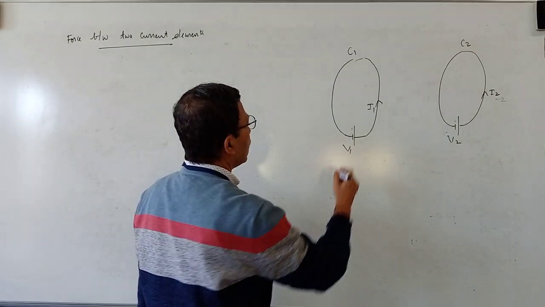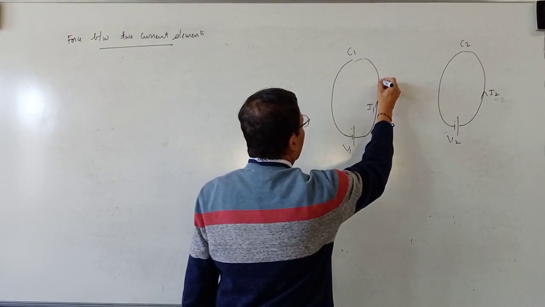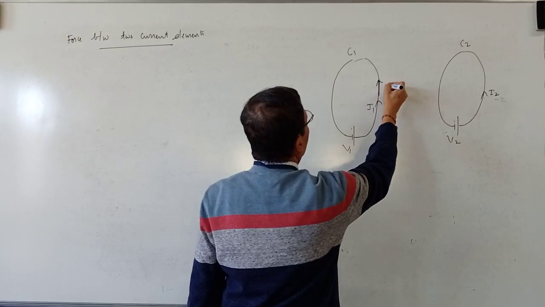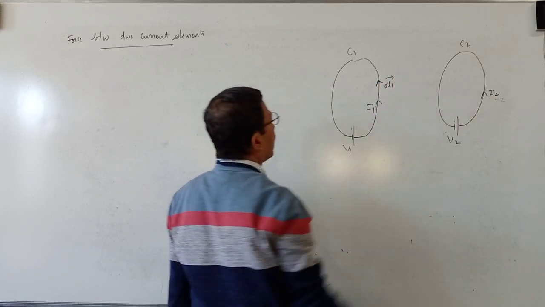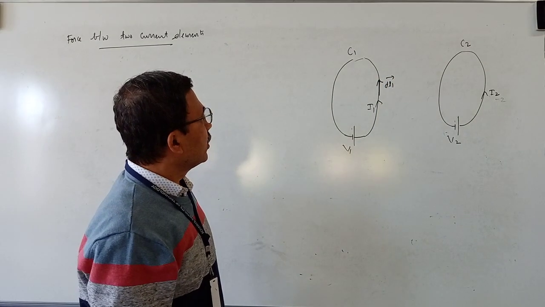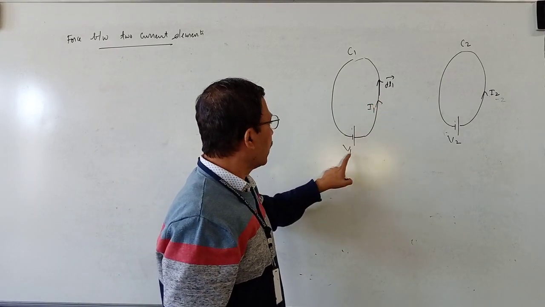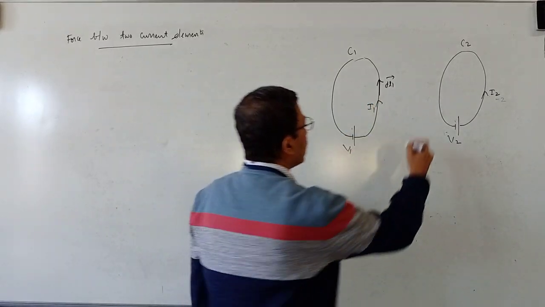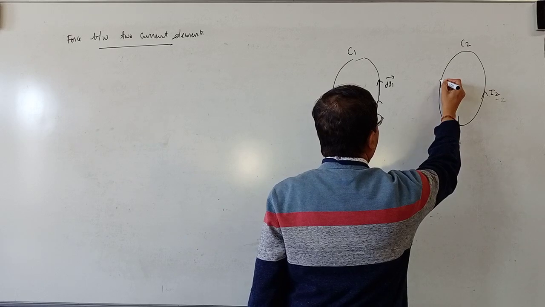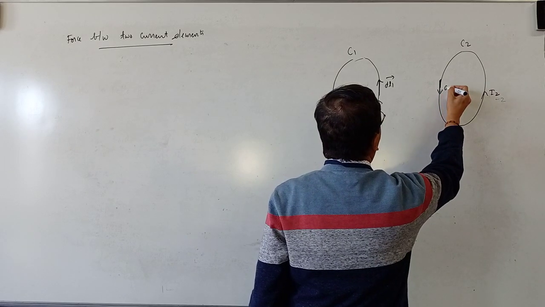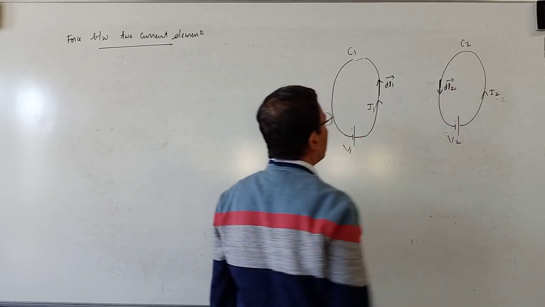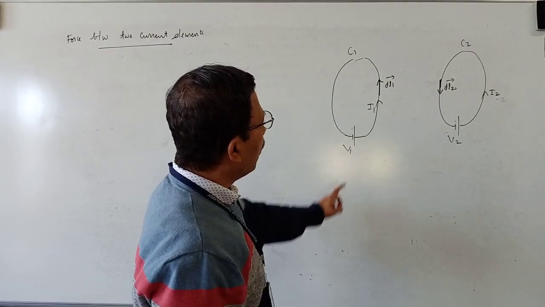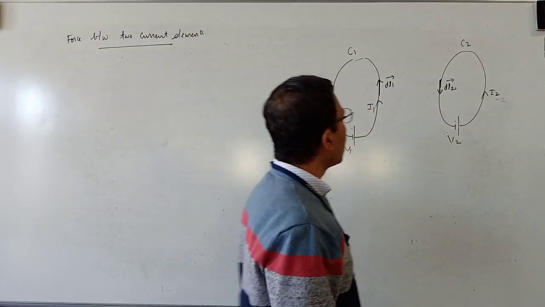Let us take a differential length dl of loop C1, which is called vector dl1. The direction of dl1 is that of current I1. Let us take a differential length dl2 of loop C2, which is called vector dl2. The direction of vector dl2 is that of current I2.